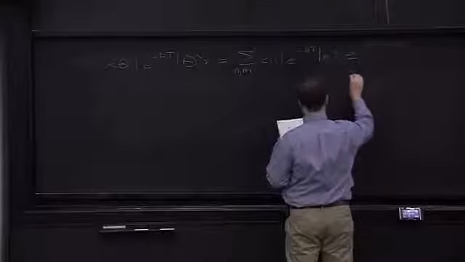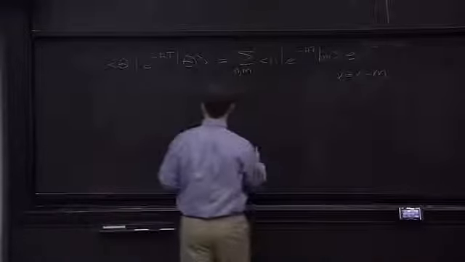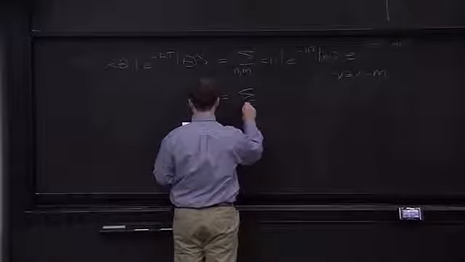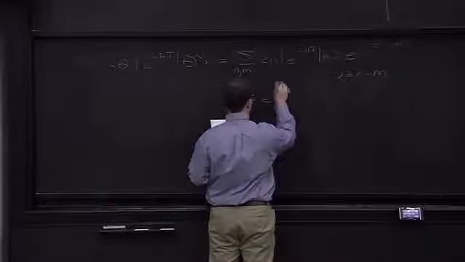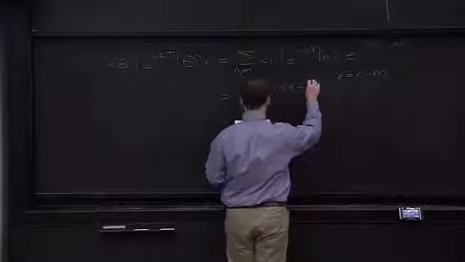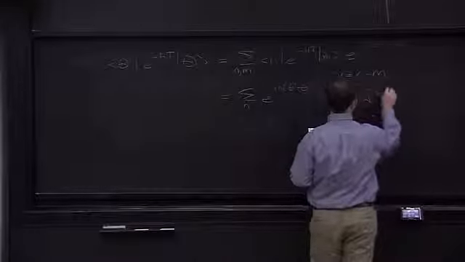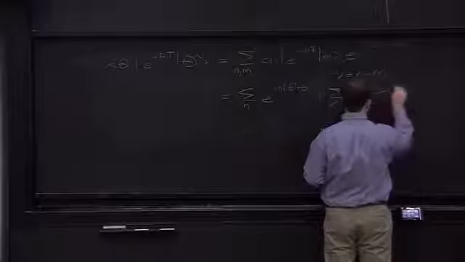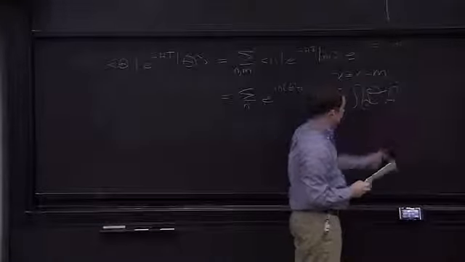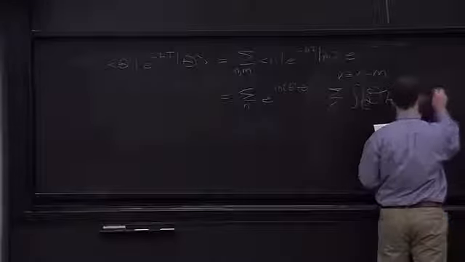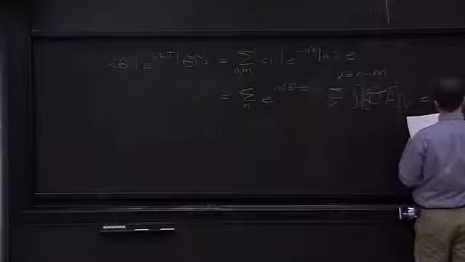And if we define nu to be n minus m, we can write this as the sum over n of e to the i n theta prime minus theta, times the sum over nu of a path integral over gauge fields with winding number nu, e to the i theta nu minus S.